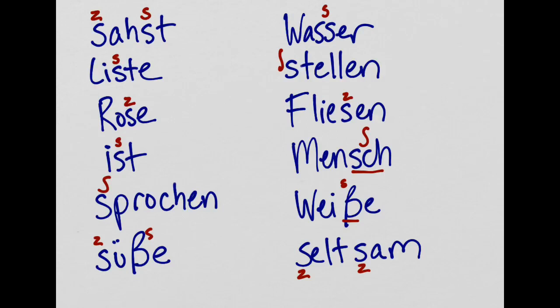All right, repeat after me. Zast, zast. Liste, liste. Rose, rose. Ist, ist. Sprochen, sprochen. Süße, süße.